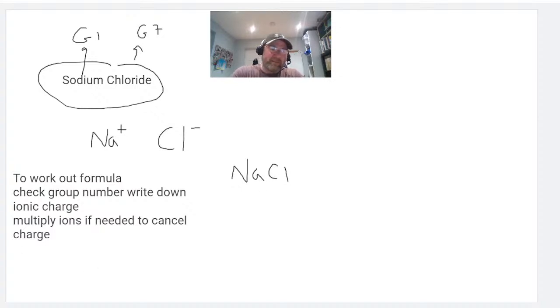But let's say we have aluminium chloride. I do the same thing, and I look it up in my periodic table. Aluminium is group 3 and chlorine is group 7. This is a metal, so it's going to be +3.